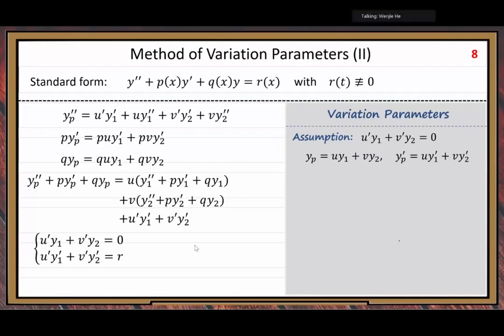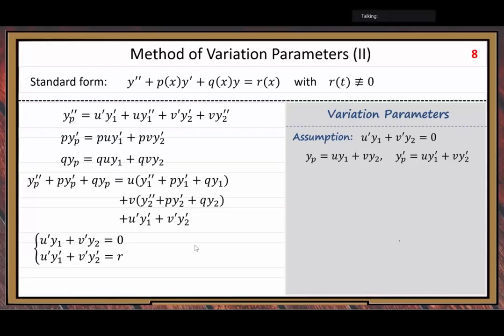Next, we only need to solve this simplified system. Not too bad, right? It is a linear system with 2 unknowns: u prime and v prime, two unknown functions.